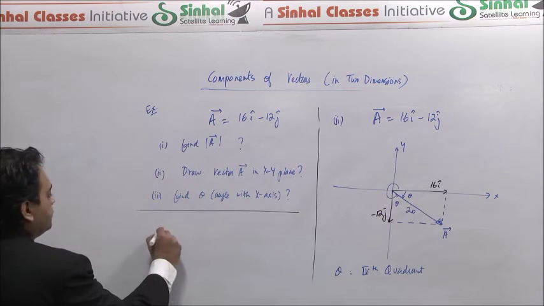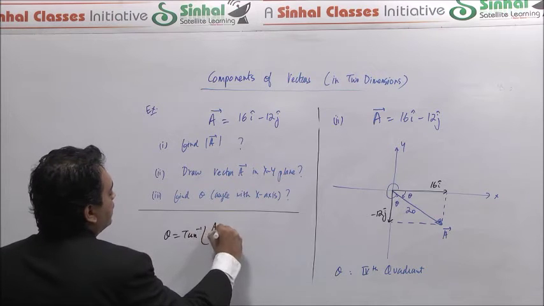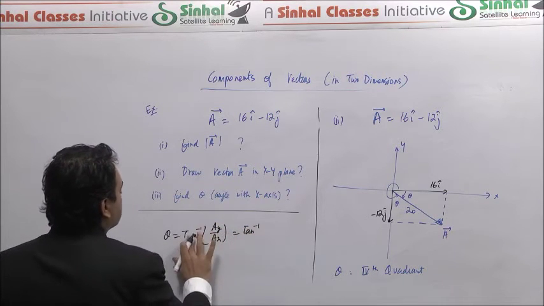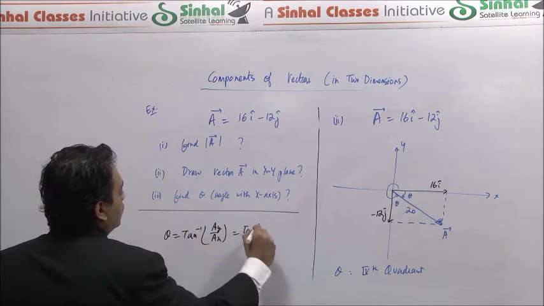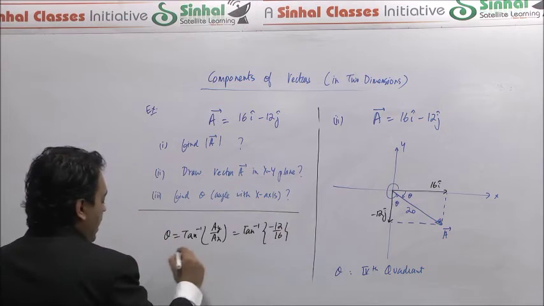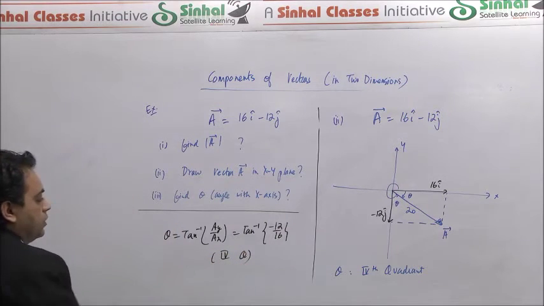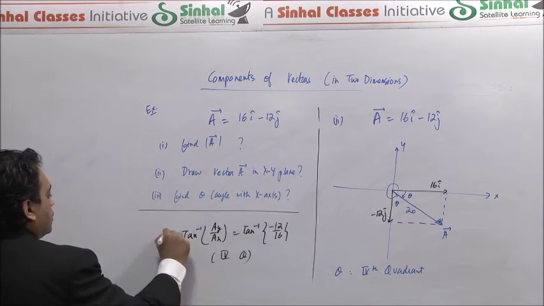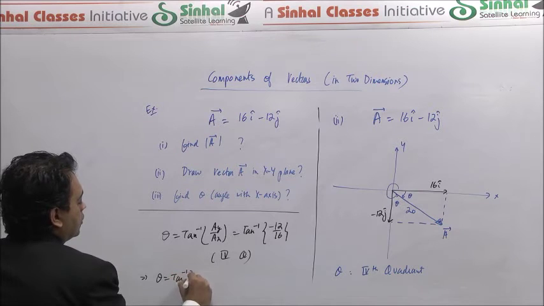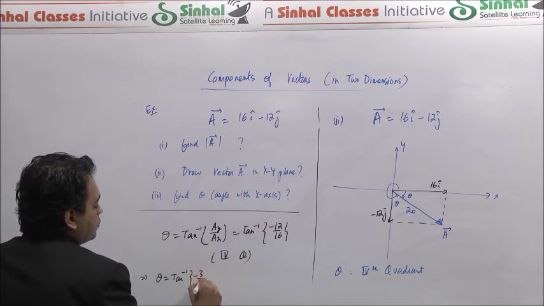So theta is tan inverse of Ey by Ex. So that is tan inverse of minus 12 by 16, and in the fourth quadrant. So keeping that in mind, theta is equal to tan inverse of minus 3 by 4.